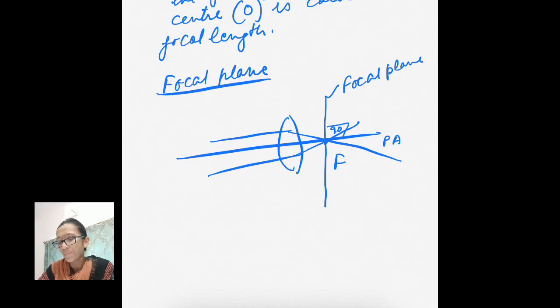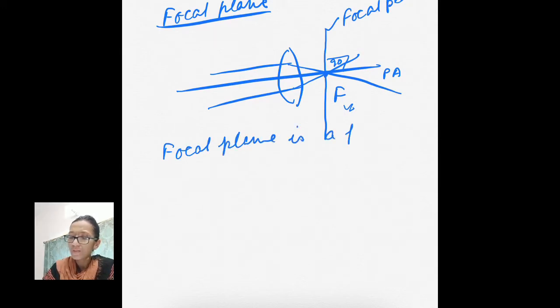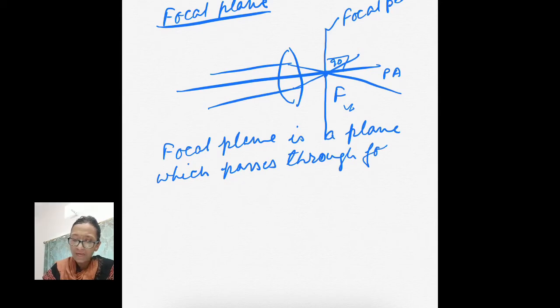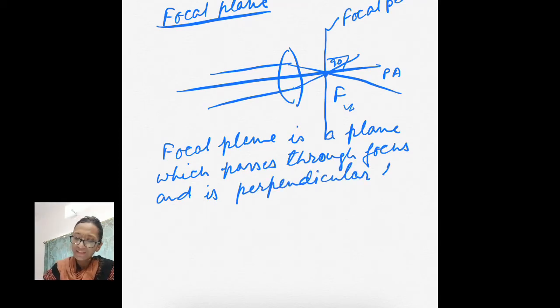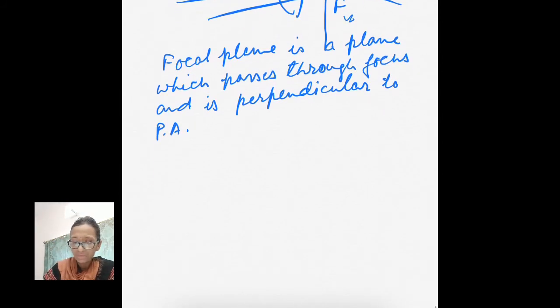So the focal plane is a plane which passes through the focus and is perpendicular to the principal axis.